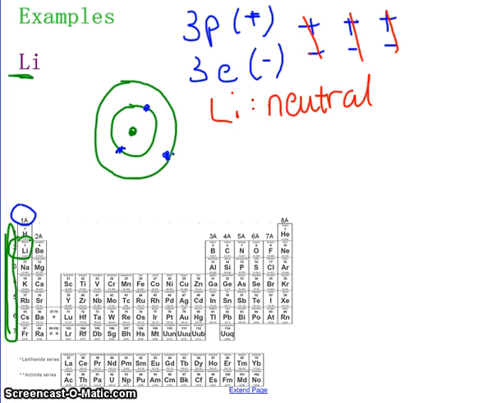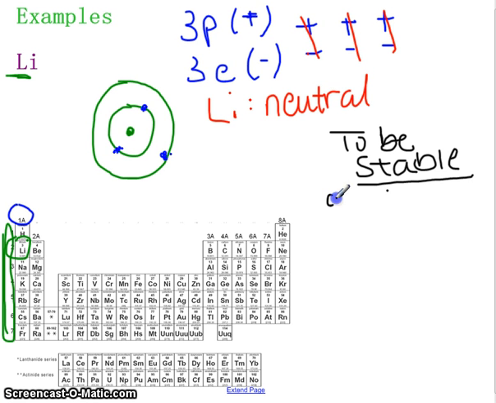Right now, lithium is not stable either. It doesn't have a full valence shell. If you look at the valence shell, there's only one electron there. Well, noble gases have 8. That means in order to become stable, lithium would need to gain 7 electrons in order to have the octet, to have 8, to be full.